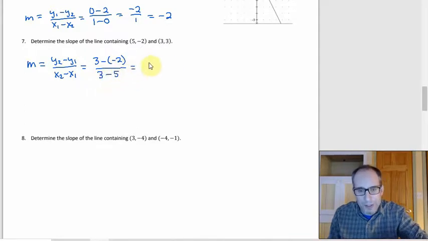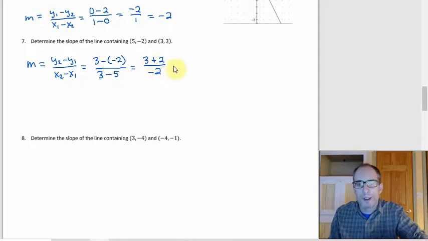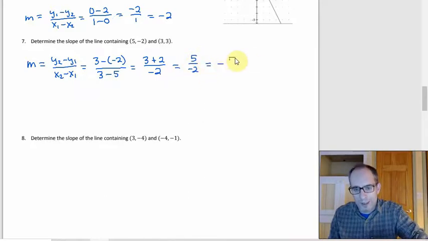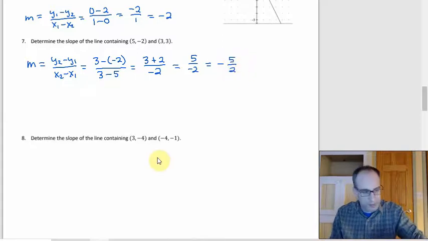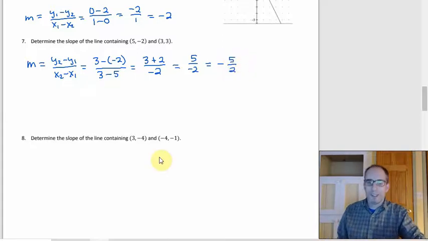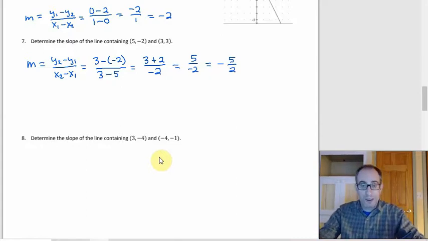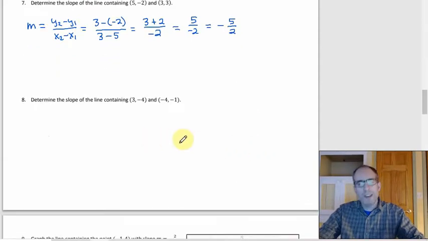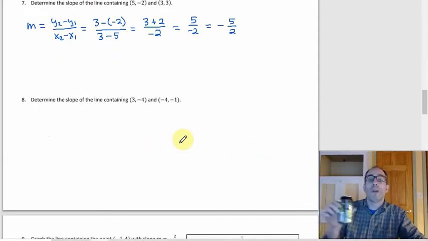So 3 minus negative 2 is the same thing as 3 plus 2. And that's a negative 2 down there, 3 minus 5. So this is 5 over negative 2, or the more conventional way of writing this, negative 5 halves. Okay? There's that slope, right? Nobody said you couldn't have a fraction, an improper fraction at that, right? You can have them. And then I think with 8 you also get a fraction, but not an improper fraction.